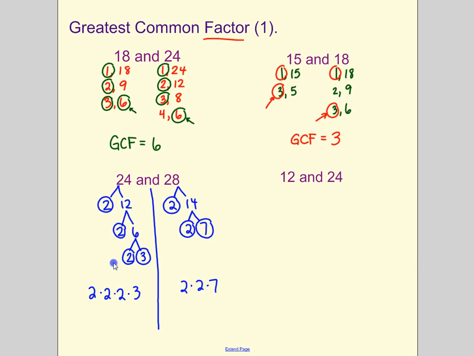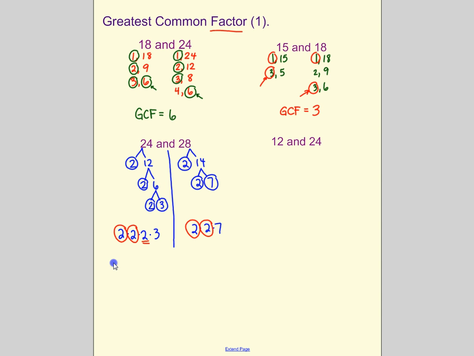So what we're looking for is, do 24 and 28 have any common prime factors? So I'm going to circle. This 2 is common with that 2. This 2 is common with that 2. I have another 2 on the left, but I don't have any more 2's on the right, so I can't circle that last 2. And I have a 3 on the left, a 7 on the right, so I don't have a 3 or a 7 in common.